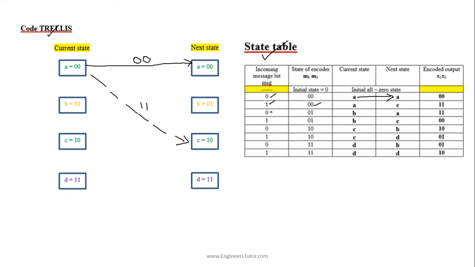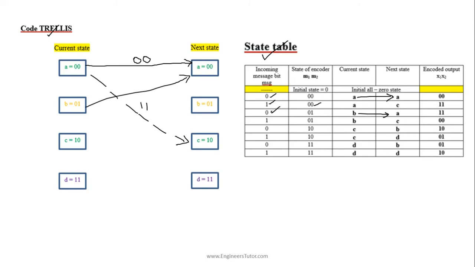And if the incoming bit is 0 and the initial state is 0, 1, meaning B, and the incoming bit is 0, the state changes from B to A. B to A, we use a solid line to represent this condition.